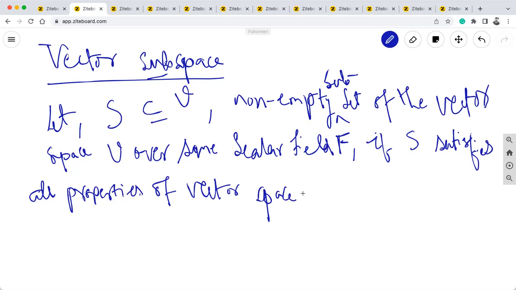that means the closure conditions, the vector addition closure and the scalar multiplication closure property.